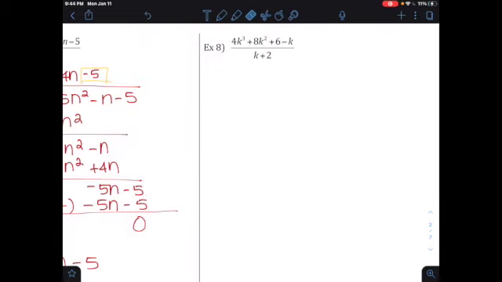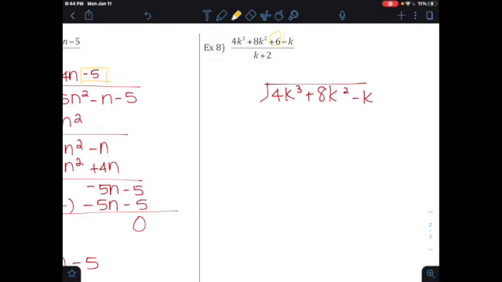Let's do number 8 together. Number 8 has a little twist. The little twist is if you look at it, the top polynomial is not in descending order. You need to put everything in descending order first. So you are going to do 4k to the third plus 8k squared minus k plus 6.